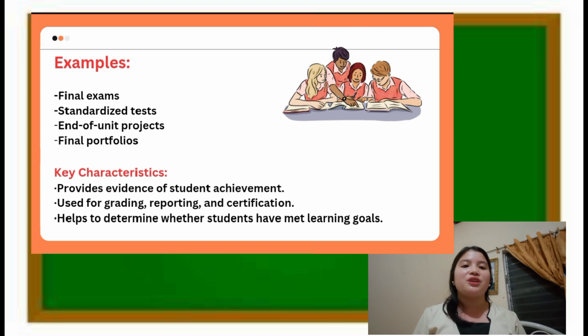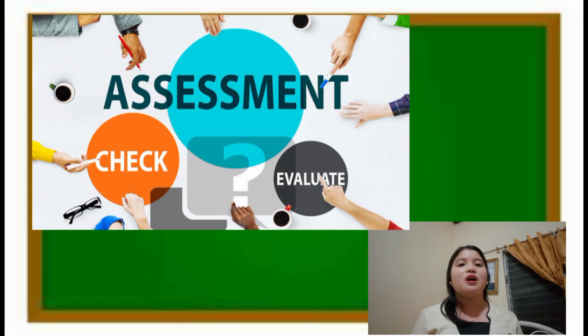It is very important to have that kind of assessment for the students in order to have good learning. It also helps determine whether the students have met the learning goals. As a teacher, it is our duty to meet the learning goals of the students.